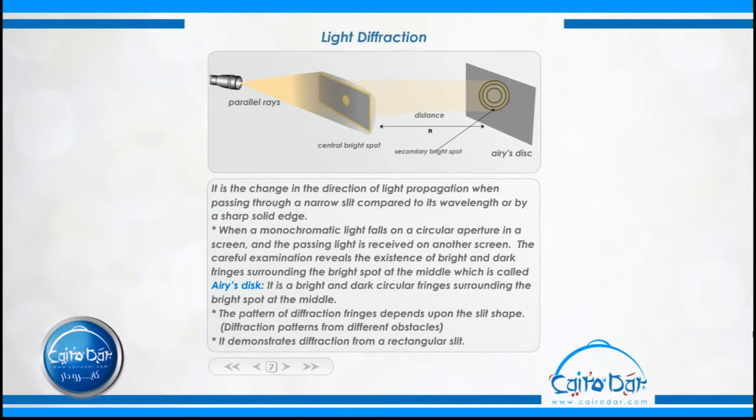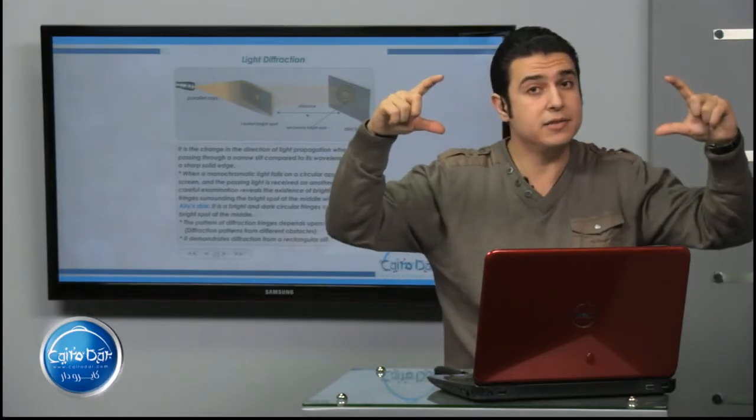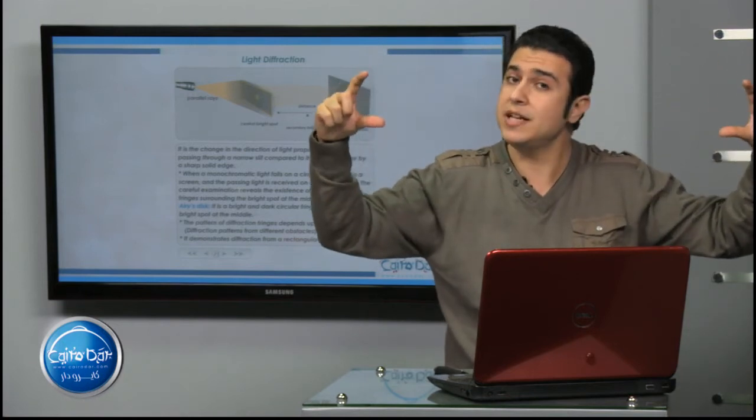When a monochromatic source of light falls on a circular aperture, and the passing light is received on another screen, what do you see? We see bright and dark circular fringes.